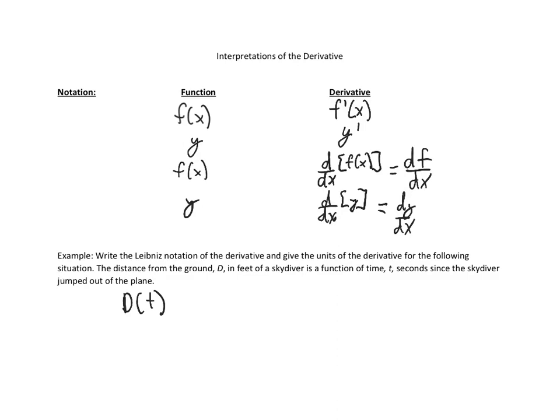So using the Leibniz notation, we would say that's d dt of this function uppercase D of lowercase t.